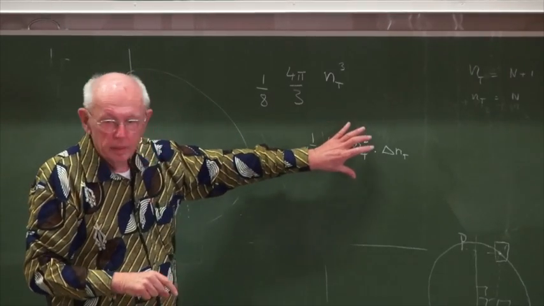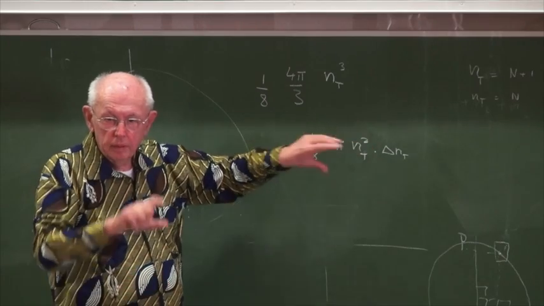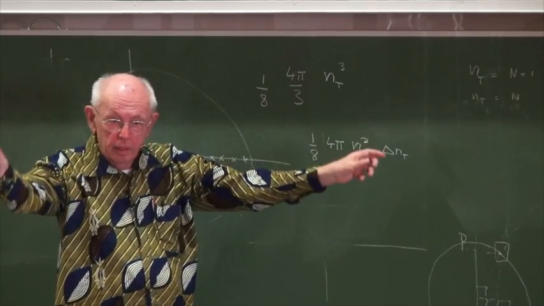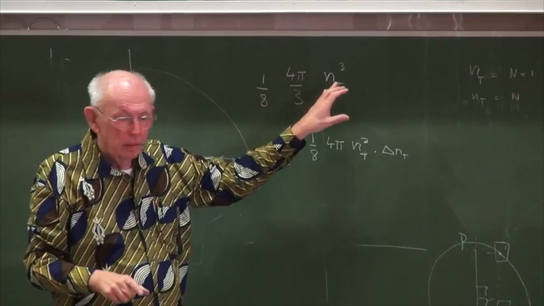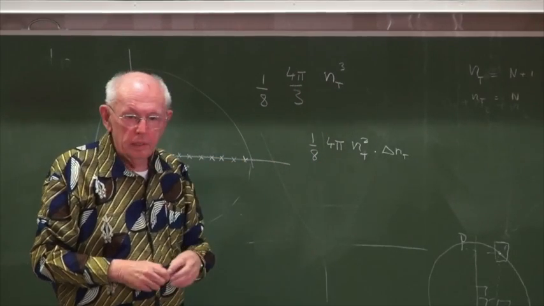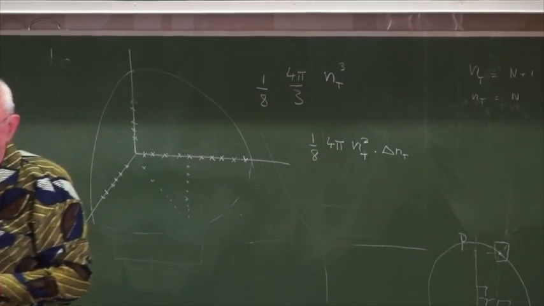And so this is the number of states which are in that rim up there, which for large numbers of n is quite a large number.